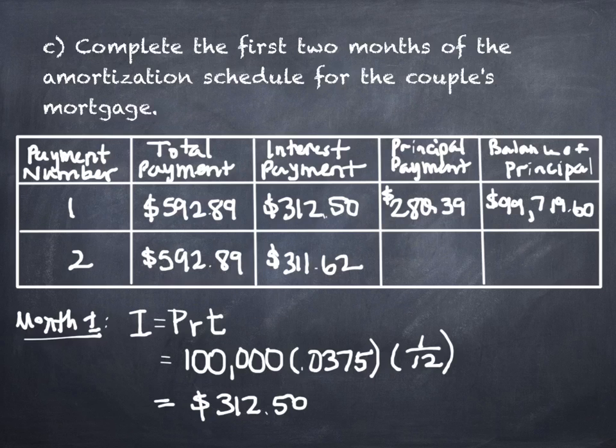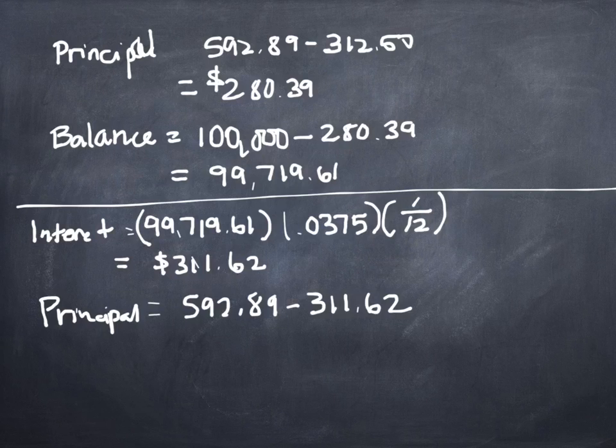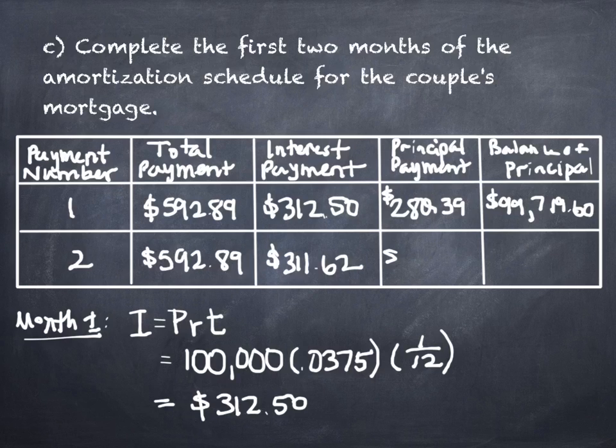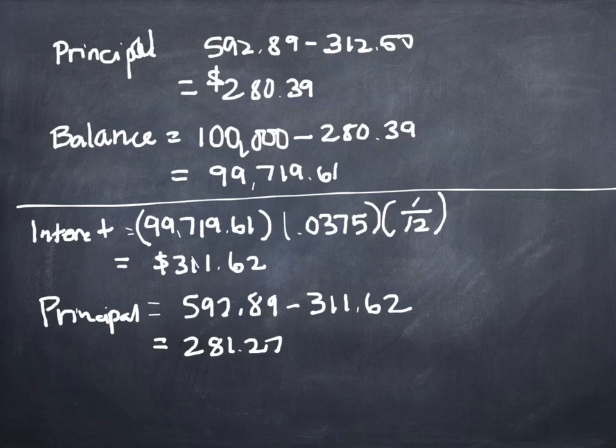And if I take that off, I will get that the amount going towards my principal this month is $281.27.